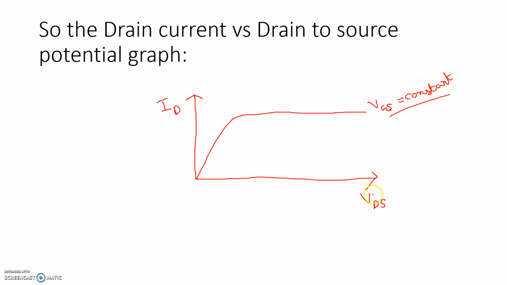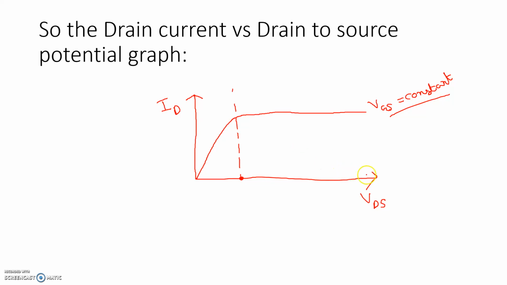The electric field is nothing but this voltage divided by the length of the channel, so ID will vary with respect to VDS in the same format as with respect to electric field. Suppose I draw one vertical line here; after this voltage, with further increment, for a constant VGS, ID becomes saturated.